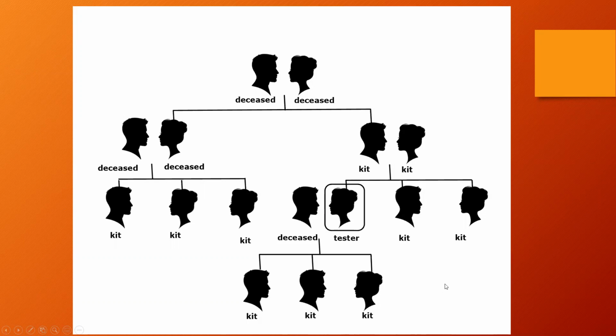So sometimes it helps to draw just a little rudimentary tree and figure out which kits are the kits of the known people. That's something that I often do when I'm working on a project. And then I expand this to how all these other people fit in. Depending on whether you're audio or visual or what your learning style is, sometimes just the act of drawing this out gives me ideas of where I want to look next for DNA matches.